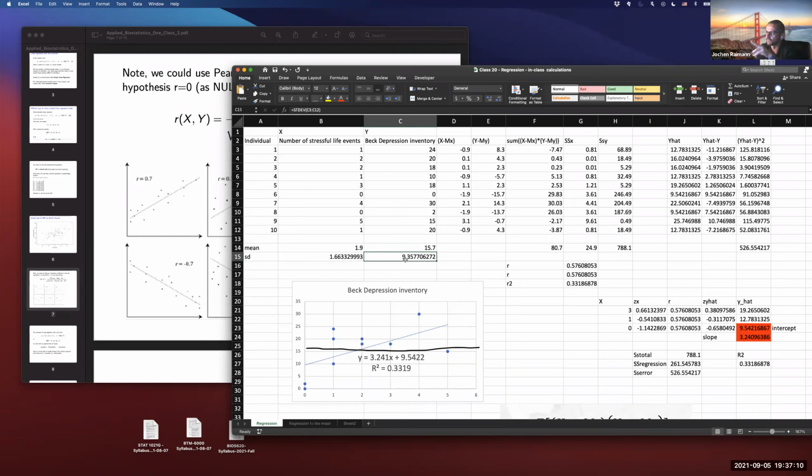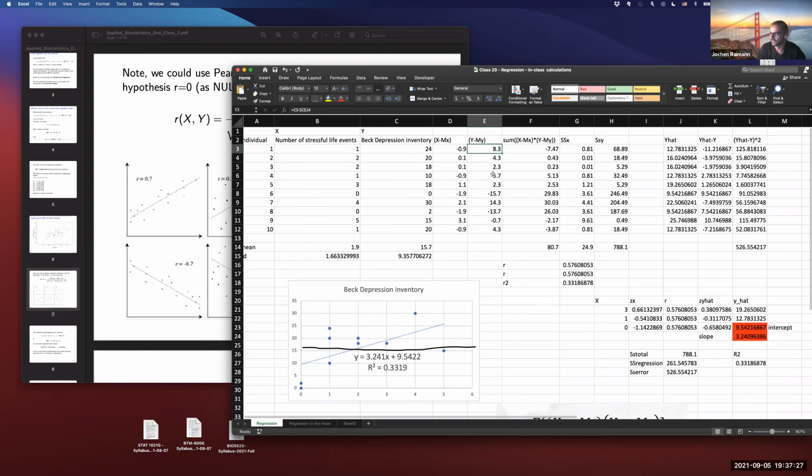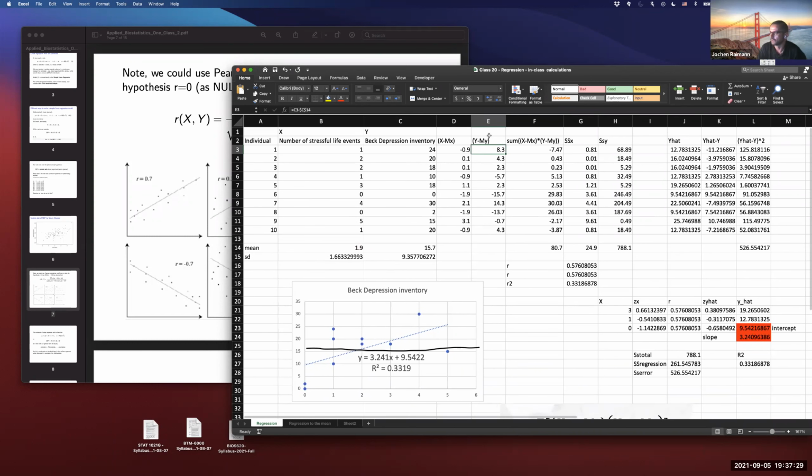Good. So now we're building x minus mx, x minus that mean, which is nothing else but this minus this. We do this 10 times, for each individual. Now we're doing the same for y minus my, and again we get 10 differences. Now we're summing this up.